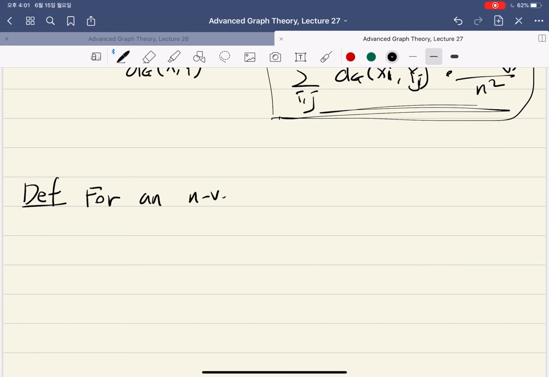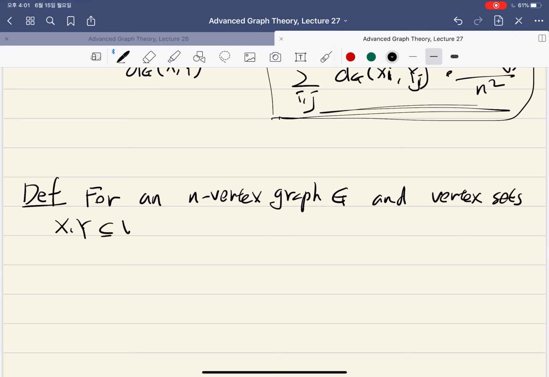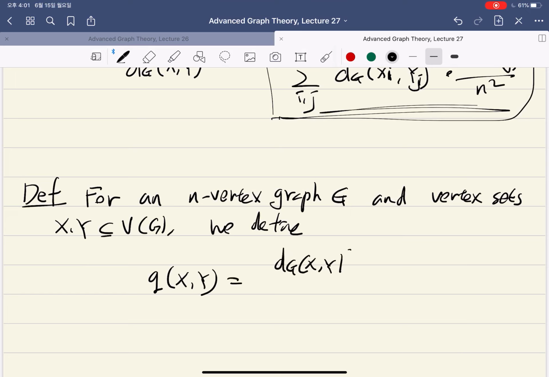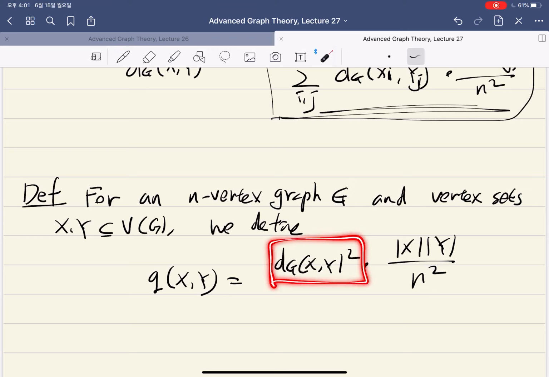So for an n vertex graph G and vertex sets X, Y in V(G), we define this energy between X and Y with the density squared times size of X and size of Y over n squared. So this is the average squared as before, and this is the weight on each part.